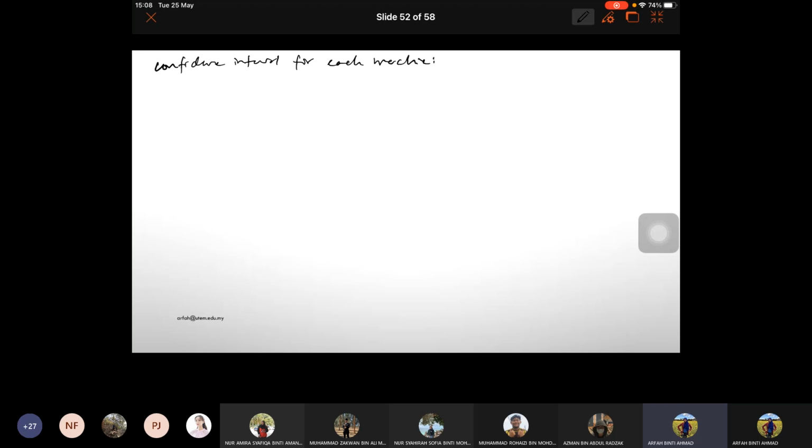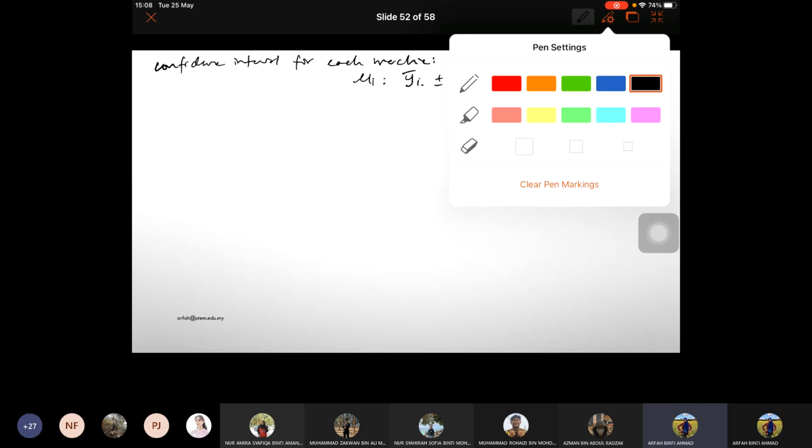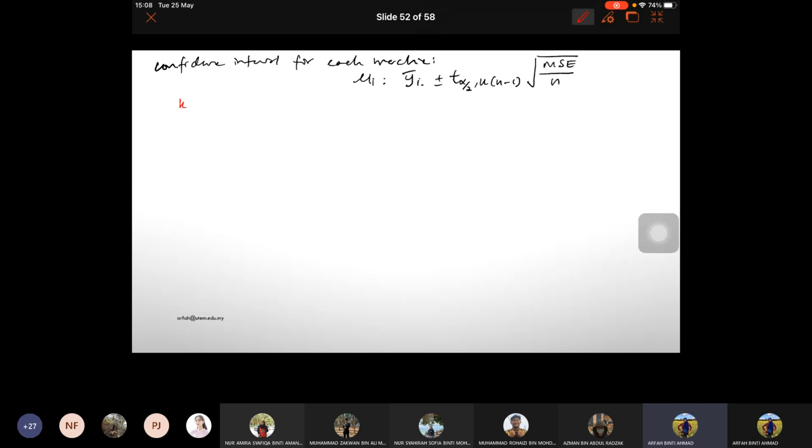Kita akan menggunakan this formula: mu i, confidence interval, y bar i dot plus minus t alpha per 2, k(n-1), square root of MSE dibahagikan dengan n. So kita tahu k sama dengan 6, n sama dengan 4.